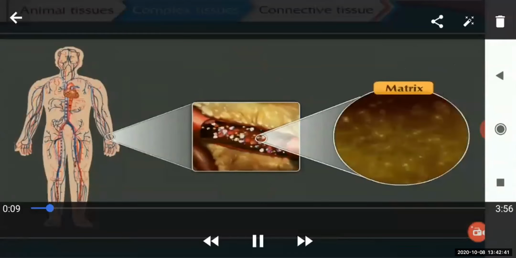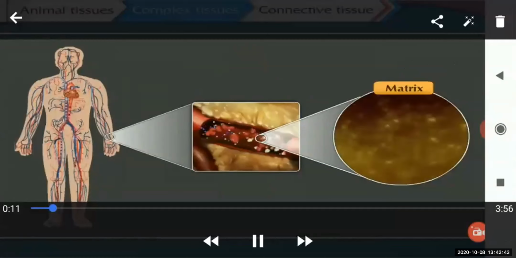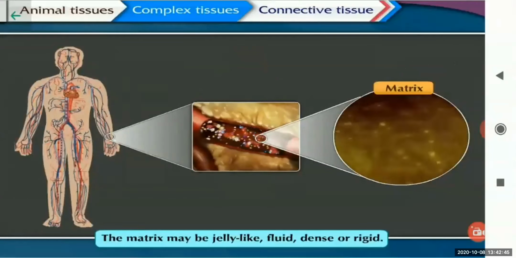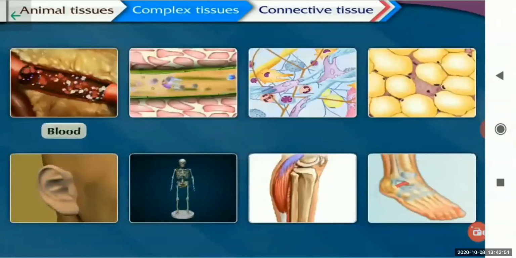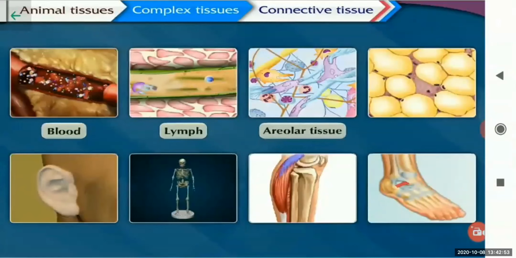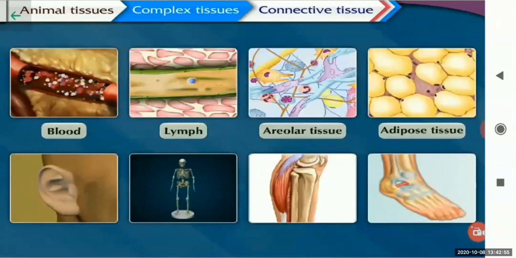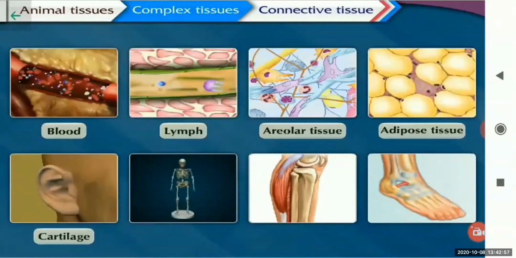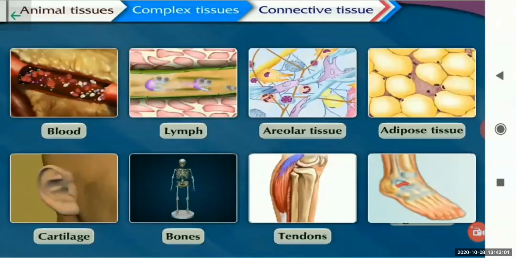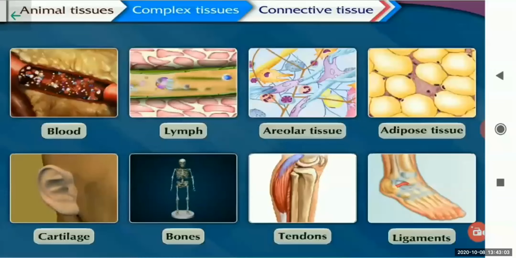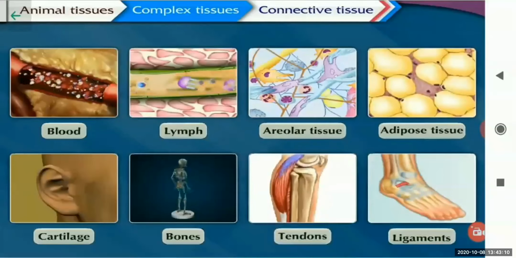There are matrices in their vacant places. The matrix may be jelly-like, fluid, dense, or rigid. Blood, lymph, areolar tissue, adipose tissue, cartilage, bone, and tendons and also ligaments are types of connective tissues. Let us understand the different types of connective tissues with the help of a table.